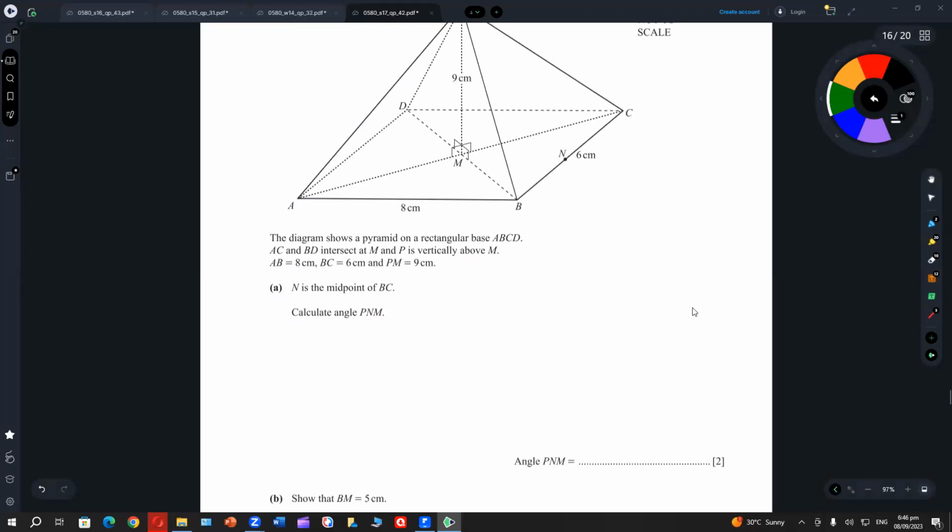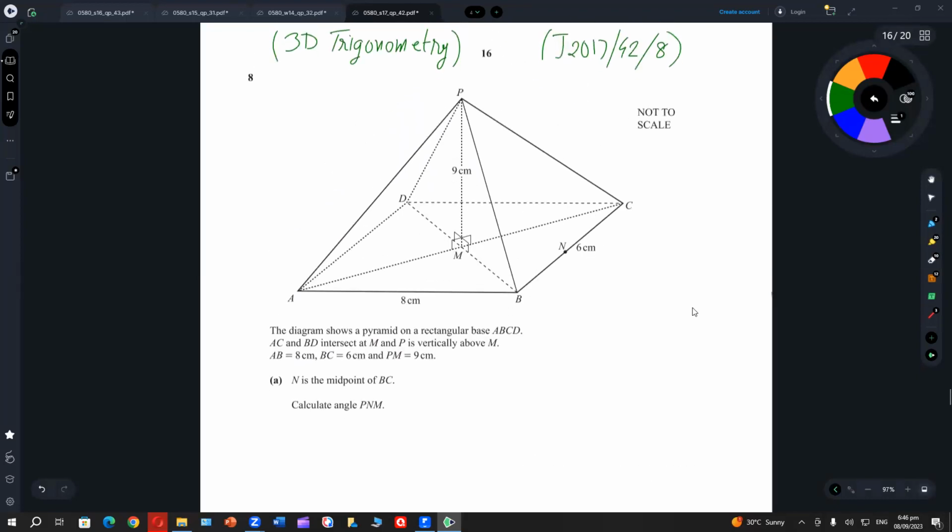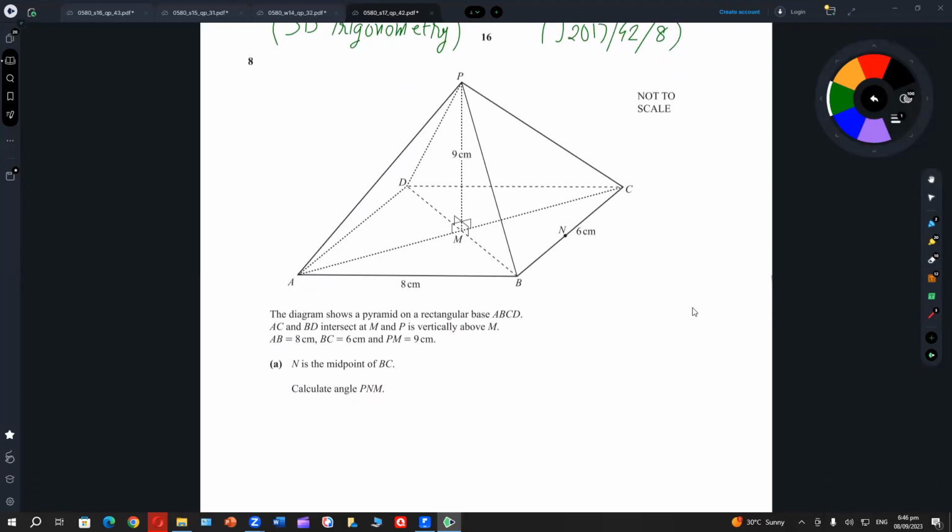Measure angle PNM. Where is N? M is in the middle.